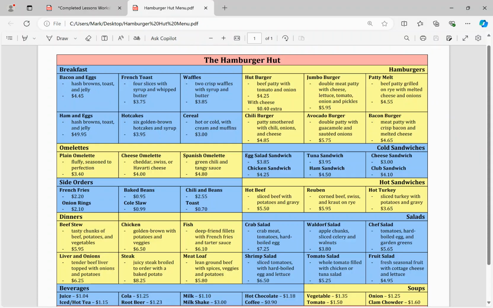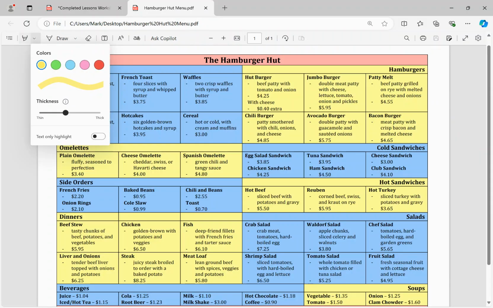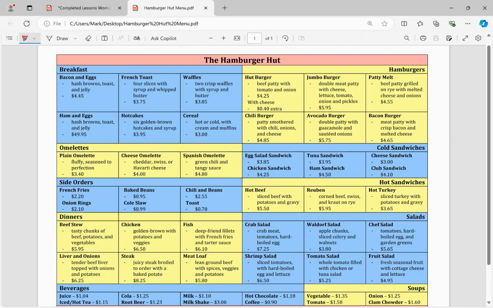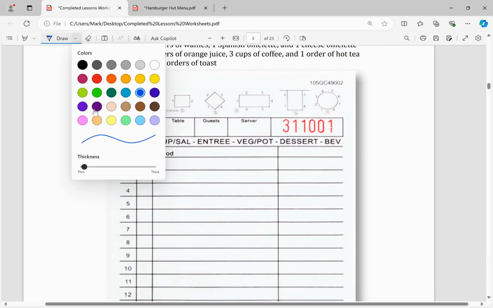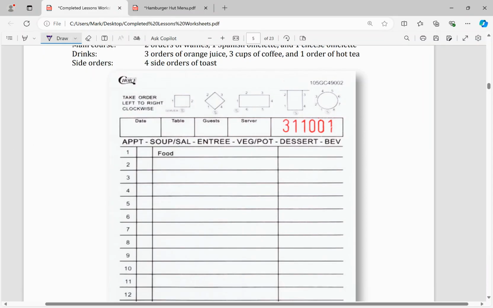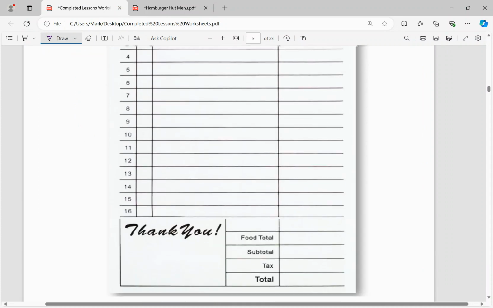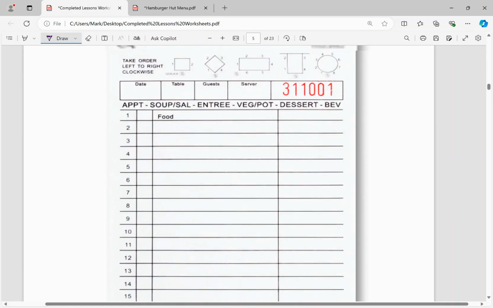So let's take a look. Let me get my highlighter out. We have the waffles right here, and the waffles cost $3.85. So on our note, we are going to write waffles.